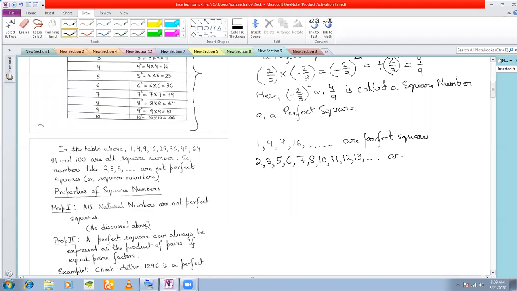All these numbers are not perfect squares, are not square numbers. Okay, this means that all integers are not perfect squares. Because there are certain integers which are not square numbers. There are only certain integers like your 1, 4, 9, 16, which are perfect squares.